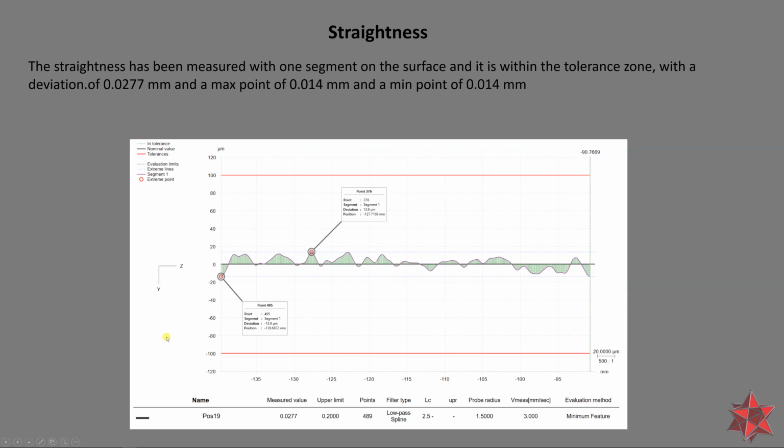Okay, and below the information from the characteristics, so the name of the characteristic, the measured value, the upper limit, the points that were used to make the characteristic, the filter type, the wavelength, undulations per revolution if it's the case, probe radius, measuring speed per second, and the evaluation method.